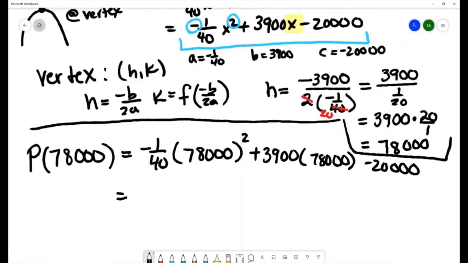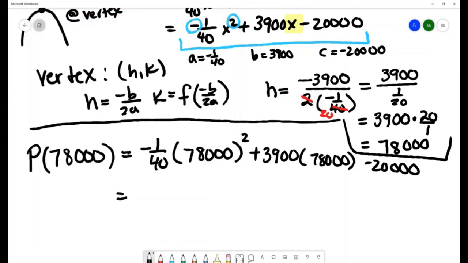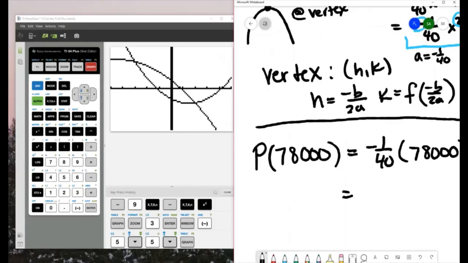So I'm just going to type this whole thing into my calculator. And maybe I ought to show you guys doing that. So let me bring my calculator over for you guys to see. Let's shrink the screen down a little bit so you can see the whole thing.